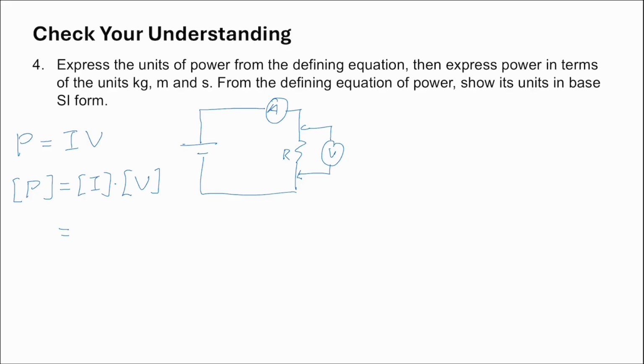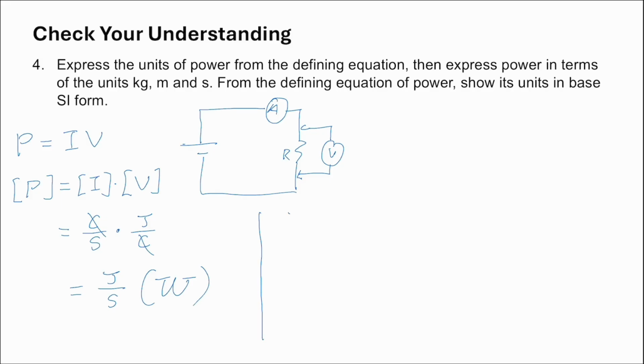The unit of I is coulomb per second, and the unit of V is joule per coulomb. So you can see the coulomb cancel out and you get joule per second, and the preferred name for this one is watt.